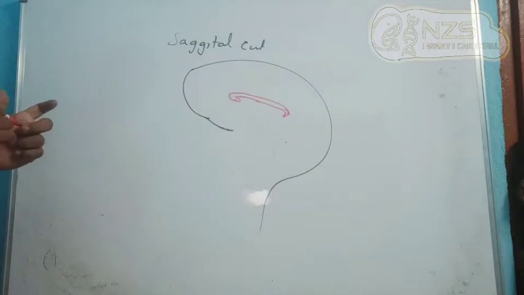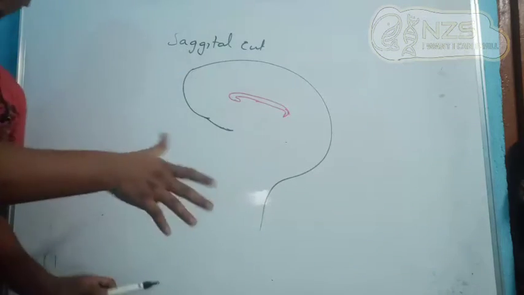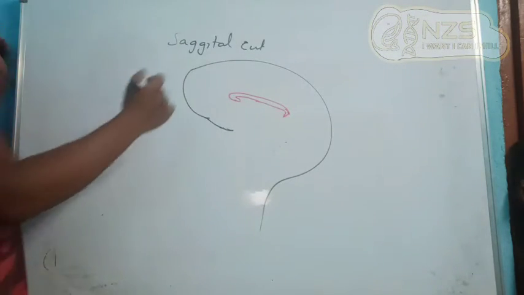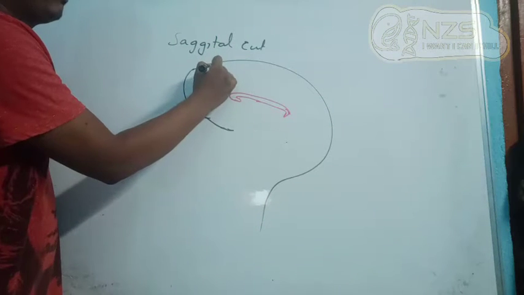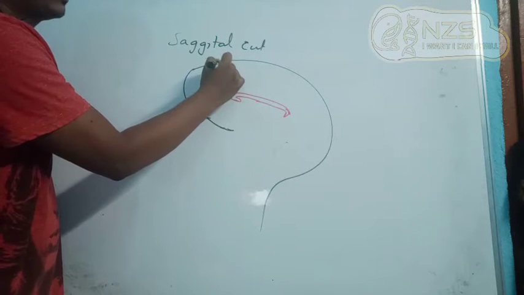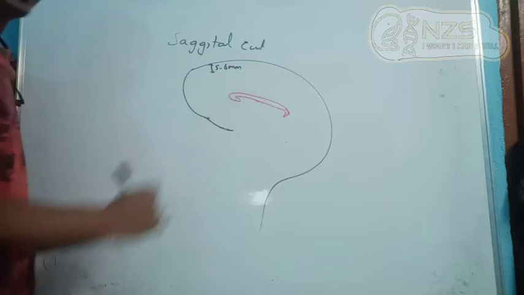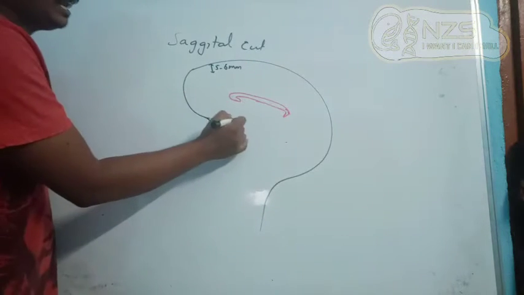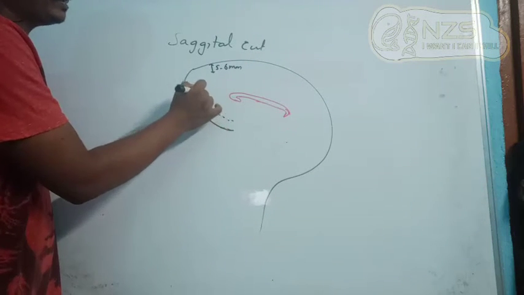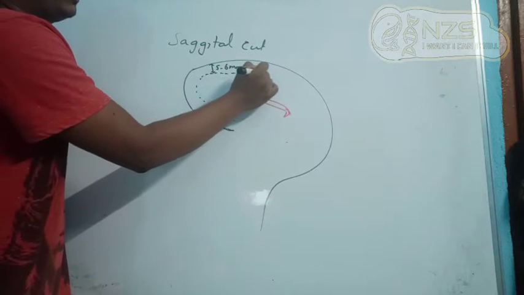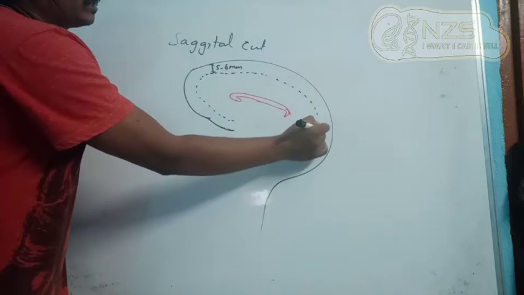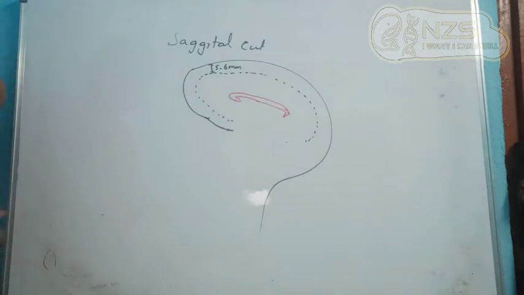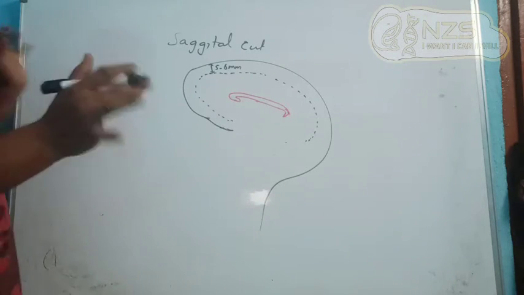Now that's not the point. Inside the cerebral hemisphere, in the sagittal cut, you can observe that around some 5 to 6 millimeters of length, we can see a layer of grayish appearance. So around this cerebral hemisphere we will observe some grayish appearance.